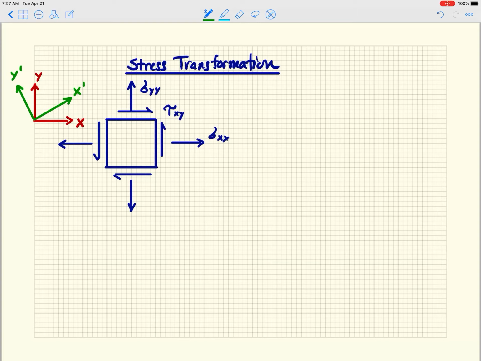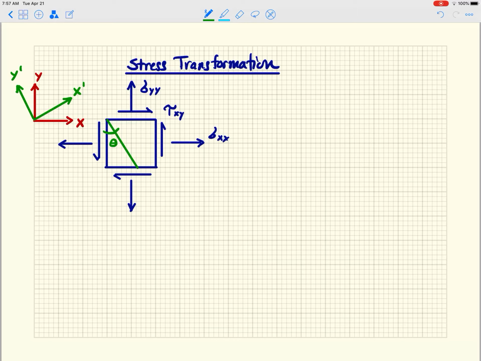And then I'm going to take a cut in line with that coordinate system. So it'll look something like this. Let me try to draw it to scale. Right, so it's going to look something like that. So I've just taken this cut here. That is my theta.